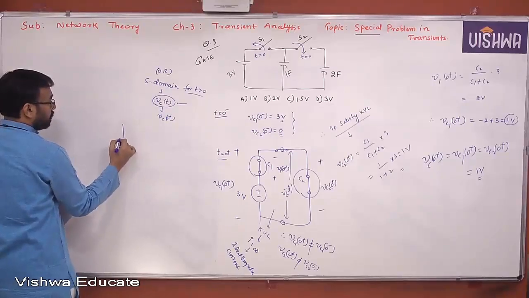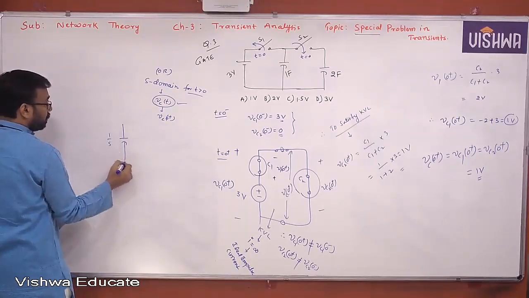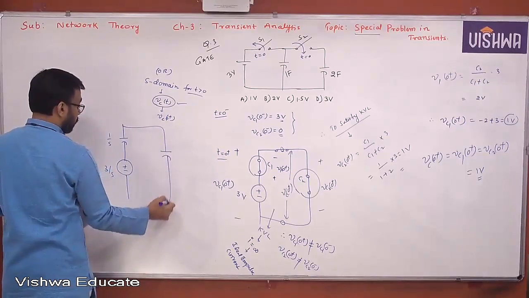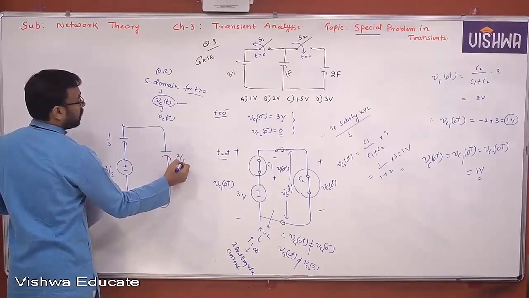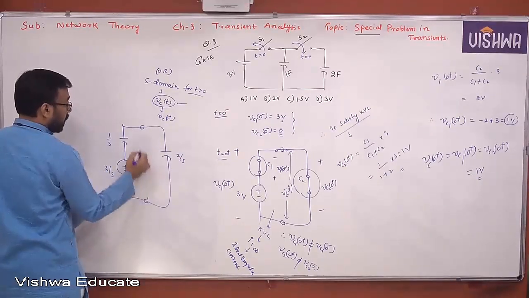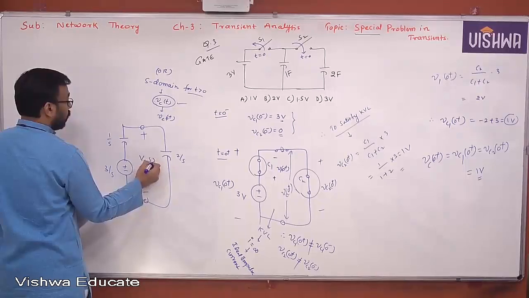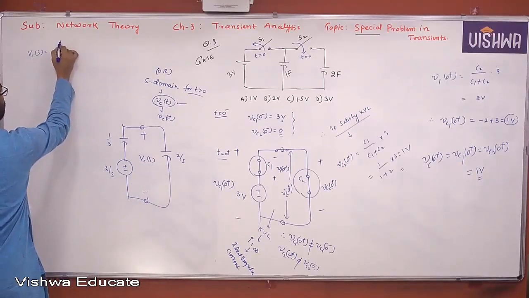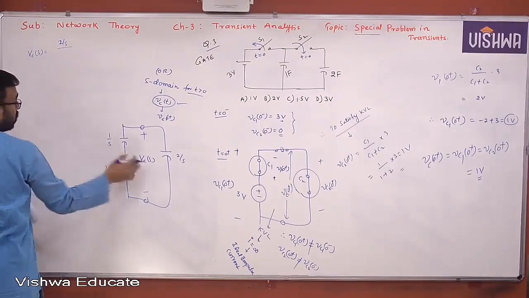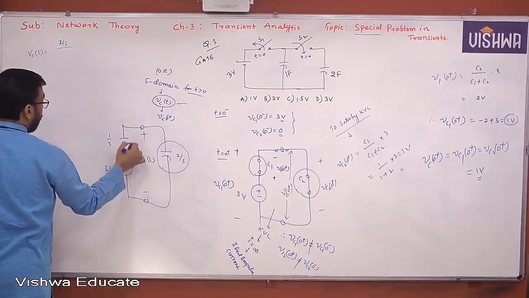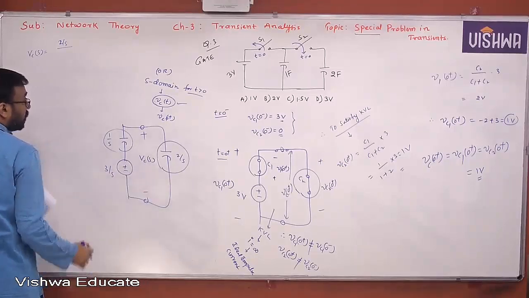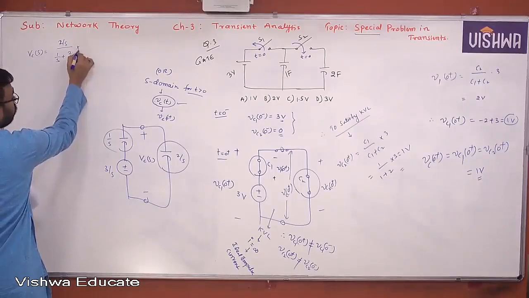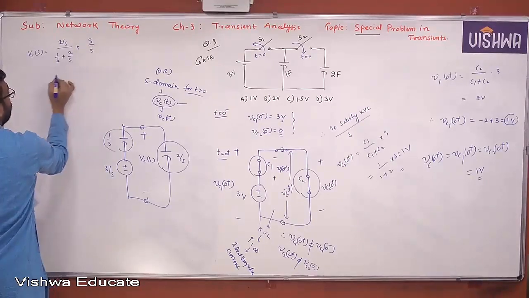What does it tell me? 1 by S, 3 by S. This is 2 by S. He's asking what is VC of S. Because now this is Z2, this is Z1, the voltage across Z2 is nothing but Z2 by Z1 plus Z2 into the total voltage 3 by S. Okay, that's it.